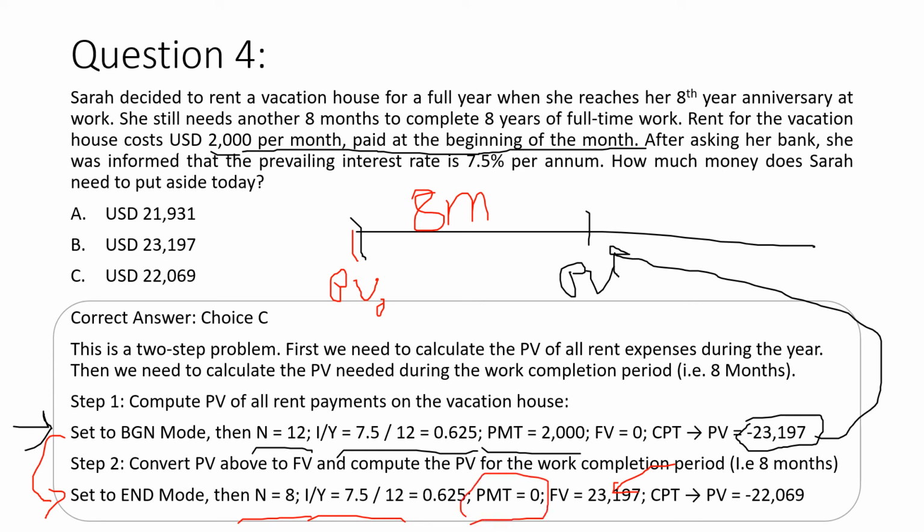No payments because we're just calculating the PV of one future cash flow, and the FV, as we mentioned, is the PV of the earlier stage. So our new present value is nothing other than 22,069, which is choice C.